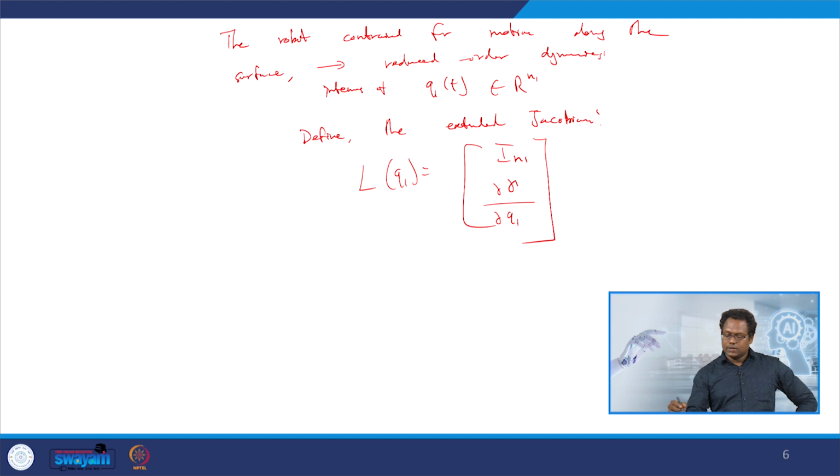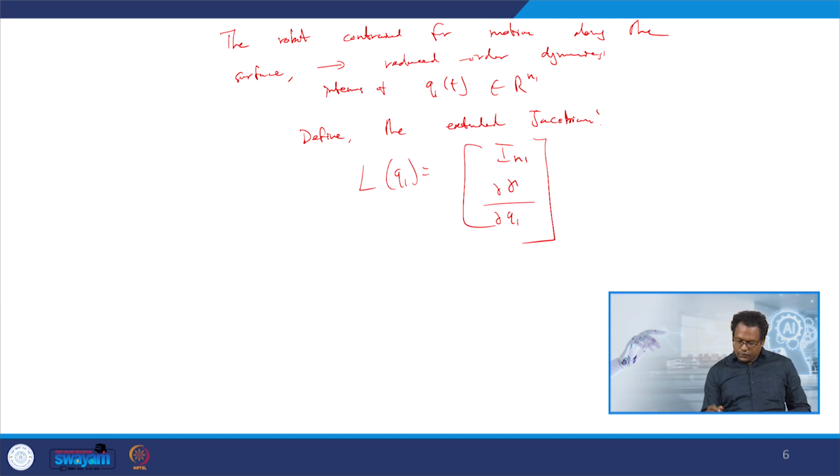Again I repeat, the robot is constrained to move in a planar surface, and that constrained motion reduces the dynamics of the robotic arm, and the reduced dynamic model is defined in terms of the variable q1, where q1 belongs to the n1 dimensional Euclidean space.